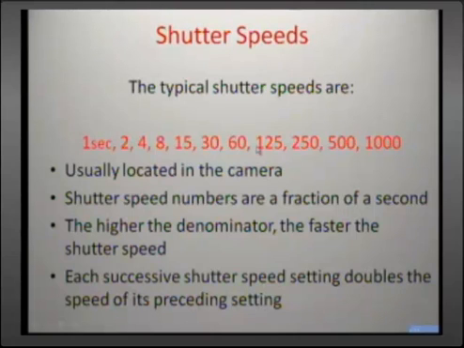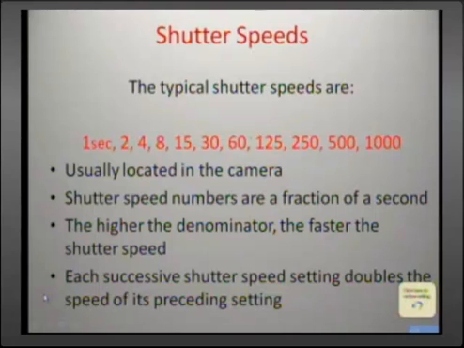Okay, so we're talking about this being the denominator of, let's say, a fraction. So the higher this number, then the faster the shutter is. And just the opposite would be true of going in the opposite direction here, going this way. So keep that in mind.